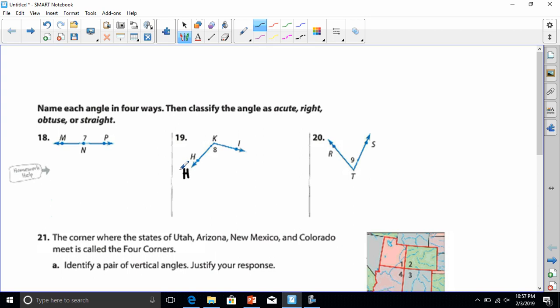That'd be angle HKI. I could also call this IKH, angle IKH.